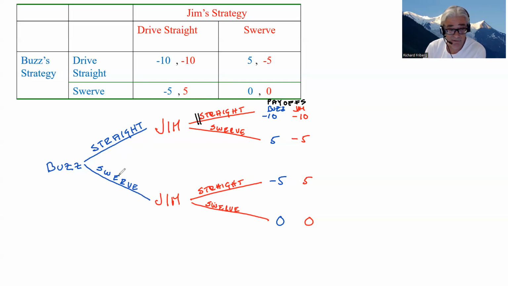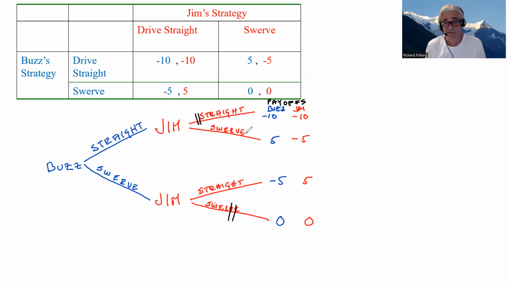Continue down here. What if Buzz would have swerved when he first had the move? Well, what would Jim be facing then? He would be facing the choice between 5 and 0. 5 is greater than 0, so we close this path. Okay, so we've looked ahead. Now we reason back. We're Buzz here. So he's thinking, should I drive straight or should I swerve? What's the predicted payoff if he drives straight?